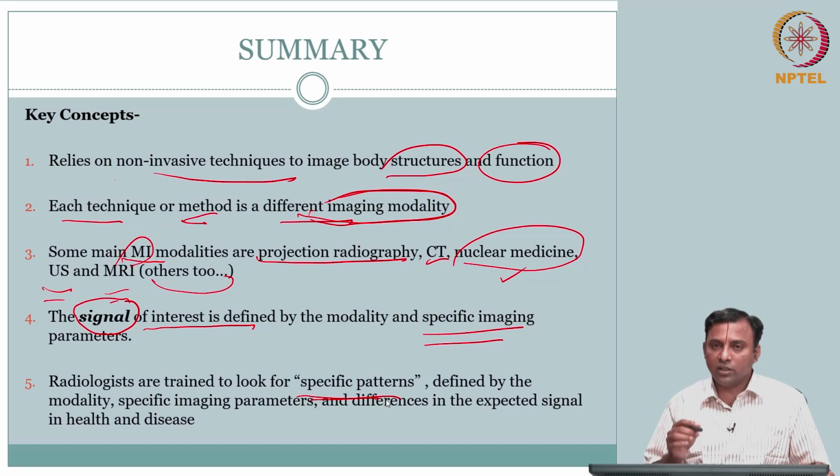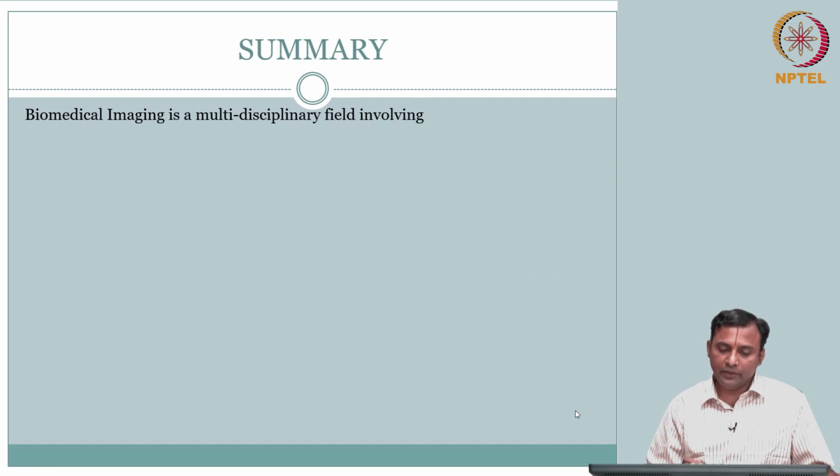But the idea is, the doctors look for these patterns, whether it is normal or abnormal for that given structure or physiology, and based on this expected signal, they determine the health or disease of the thing. So what we need to do is take a holistic picture of each of the modalities.